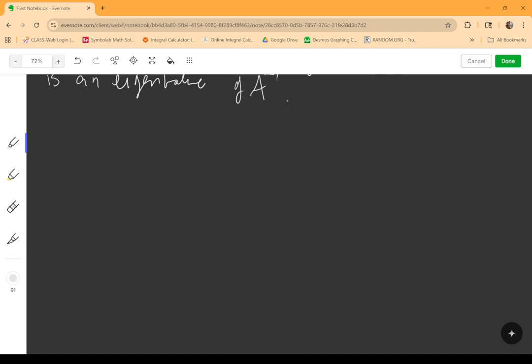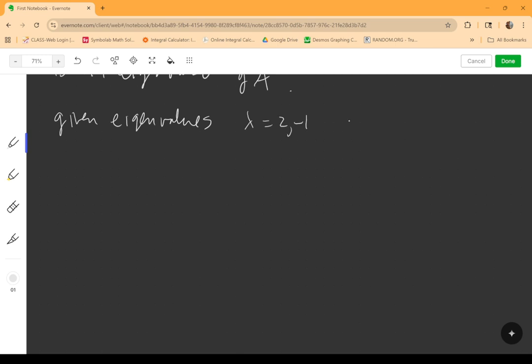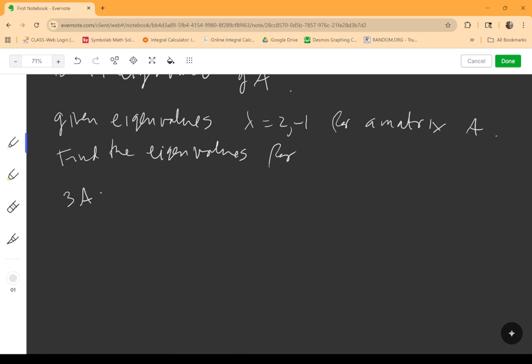Now this can help us to calculate, for example, let's say that given eigenvalues lambda equals 2, -1 for a matrix A, find the eigenvalues for 3A, A to the 4th, A inverse, and A squared minus 3I.